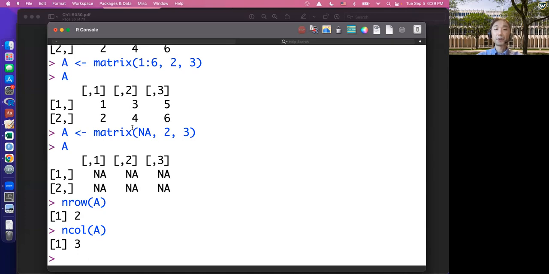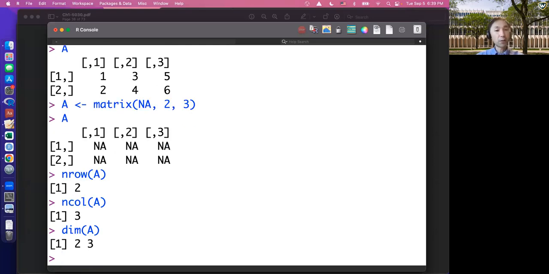Then we have to use some loop, and we want to do some operations for i equal to 1, 2, 3. So in such a case, often we have to count the number of rows and the number of columns. So these functions are extremely useful.